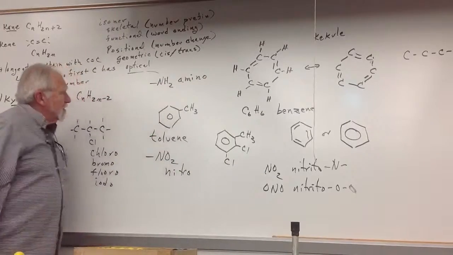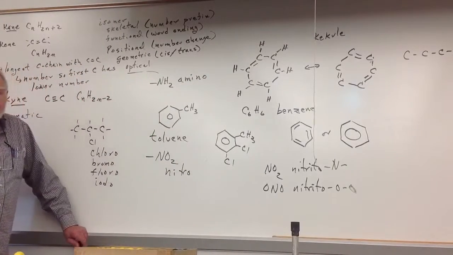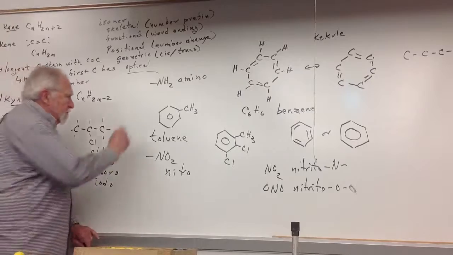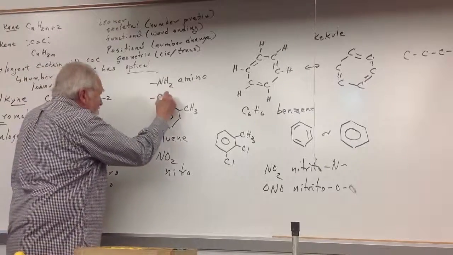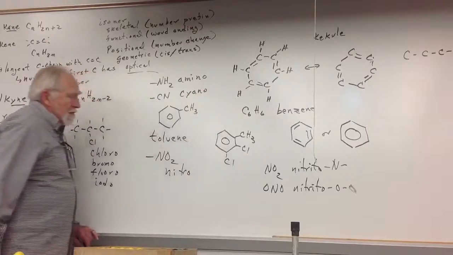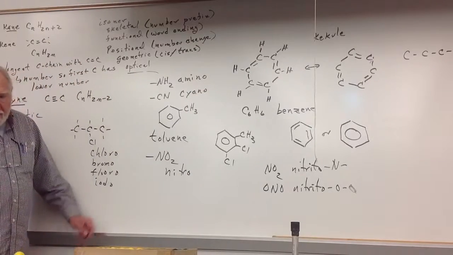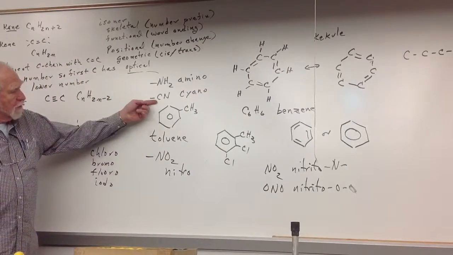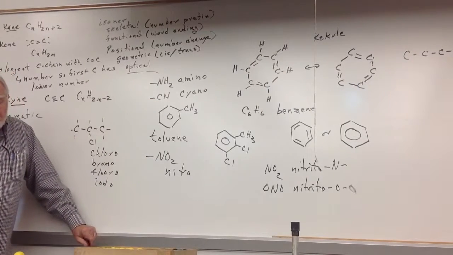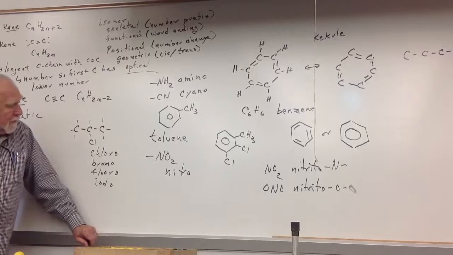Again, through the nitrogen, it's the amino substituent. I used to put this one on, I don't know if I'll use it anymore. As a substituent, it's cyano, but this is actually a functional group, which we don't cover in this class at all, and it's called a nitrile, N-I-T-R-I-L-E. Okay.